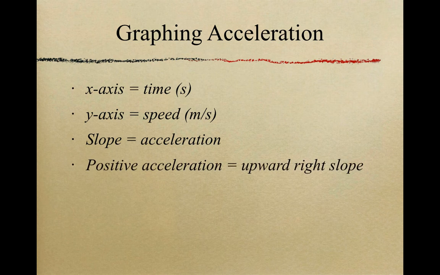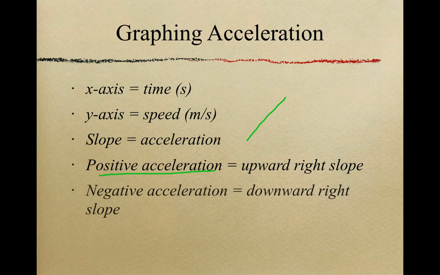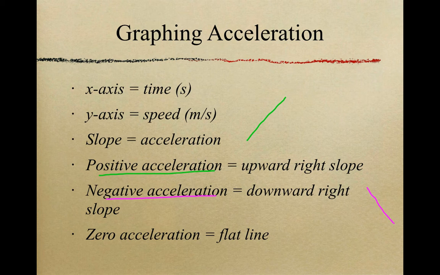Positive acceleration is going to be that upward right slope. Looks like that. We then have negative acceleration, which is going to be a downward right slope. And then zero acceleration is our flat line.